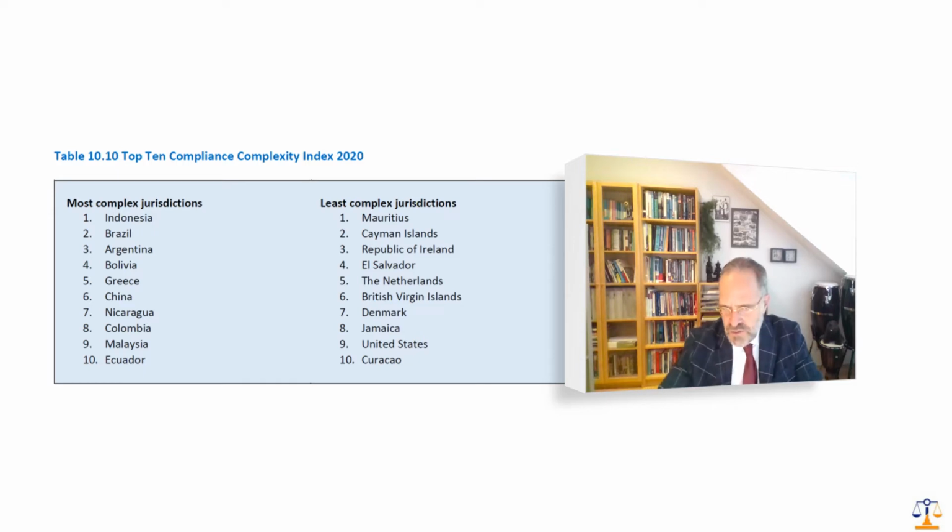But if you want to minimize your risk, you better enter a country which is not too complicated, and then Mauritius and Cayman Islands will probably not have that much revenue potential.